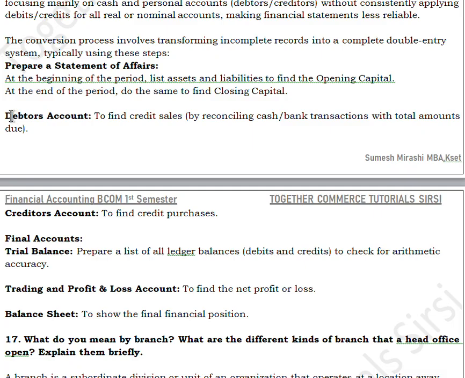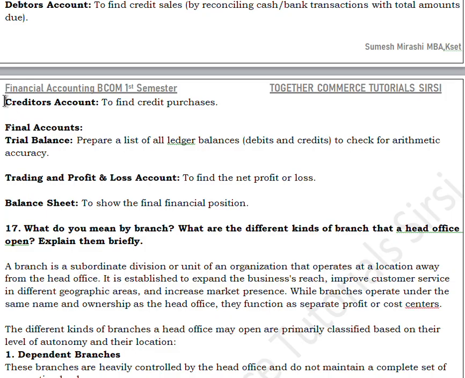Then the next account to be prepared is the debtors account. It is prepared to find either the closing balance of debtors or the credit sales. Then we have to prepare the creditors account. The creditors account is used to find the credit purchases or the closing creditors to be used in the balance sheet.